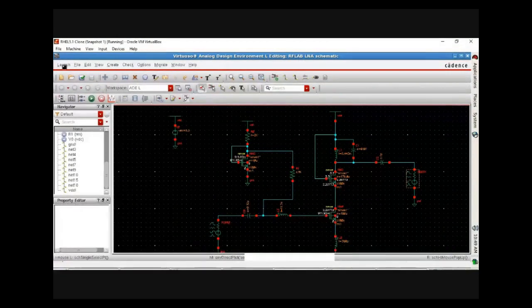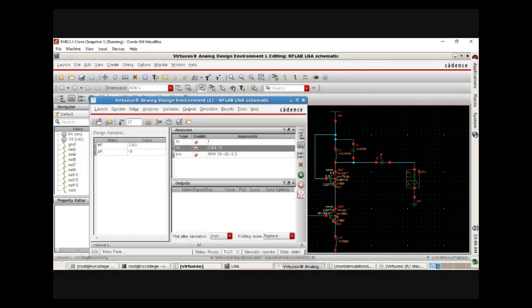Yeah, I have already launched the ADL window. Yeah, the window is here. Okay, let me just tell you what a port is. Okay, it is taking some time. Let me see whether I can launch ADL. Yes.